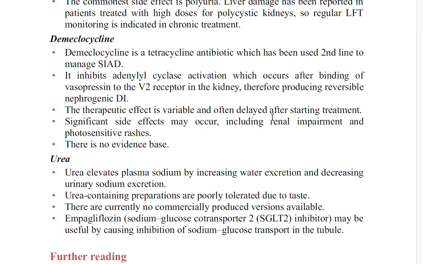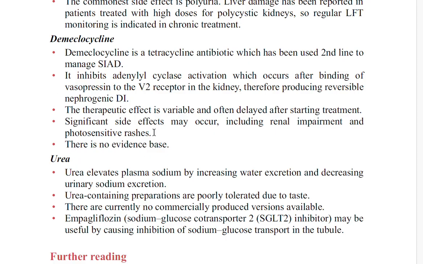The therapeutic effect is variable and often delayed after starting treatment. Significant side effects may occur, including renal impairment and photosensitive rash. These side effects occur with other tetracycline antibiotics as well. So we need to monitor the renal functions and look for photosensitivity, apply sunblock and those things.